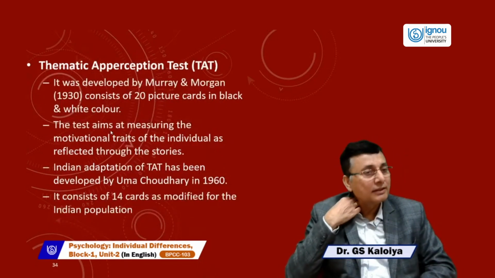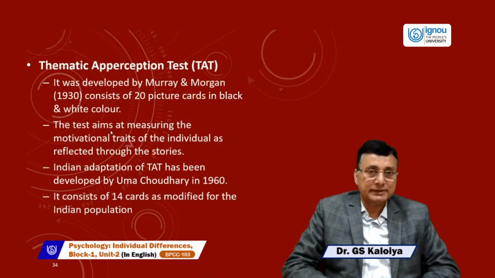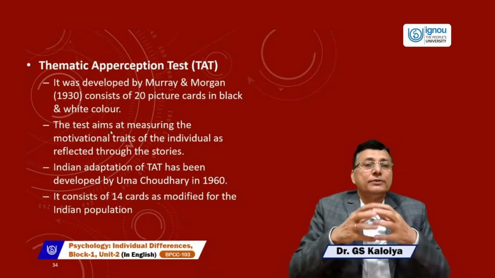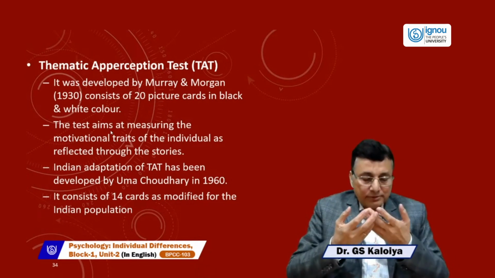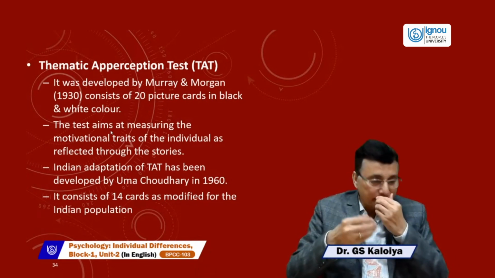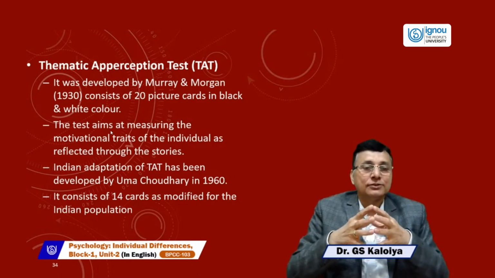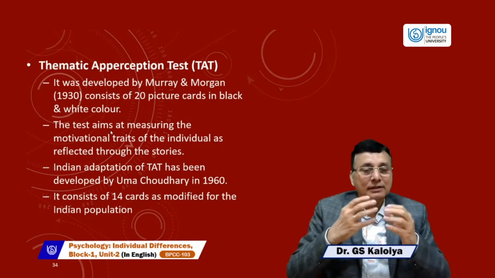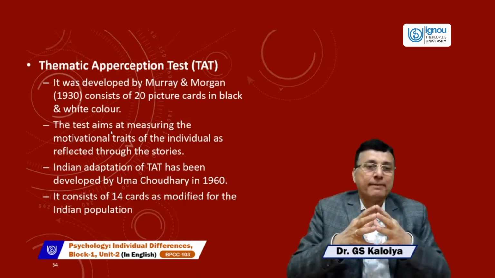Another test is the Thematic Apperception Test. So what is perception? Perception is when you respond to any stimuli on the basis of your past experiences and emotions. In short, it is called perception colored with emotions.